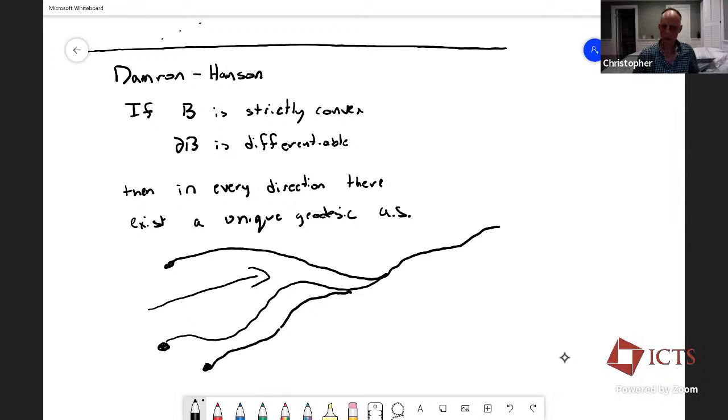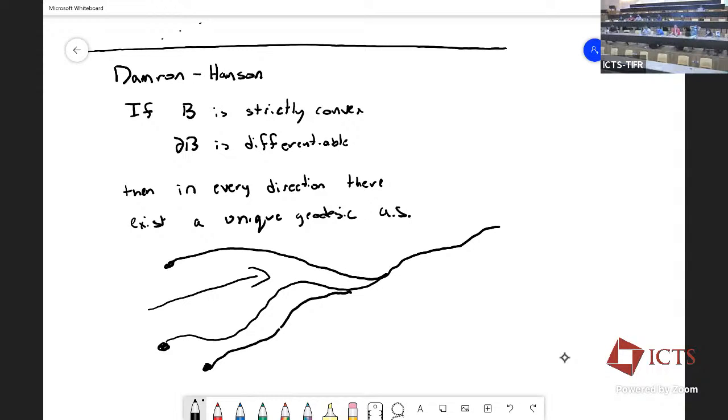But again, are there any questions about either of these theorems here? There doesn't seem to be any questions still.